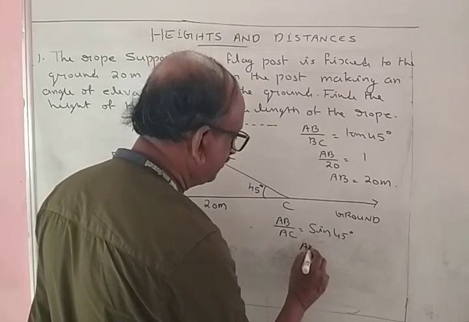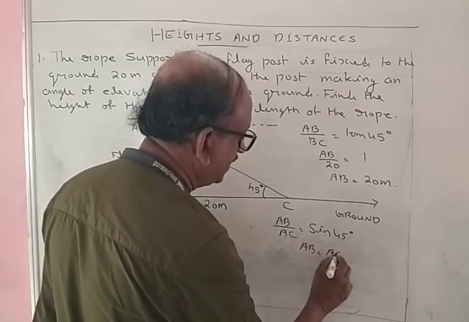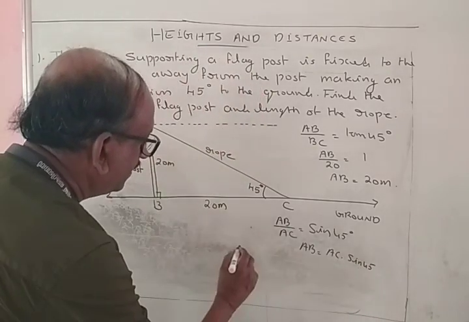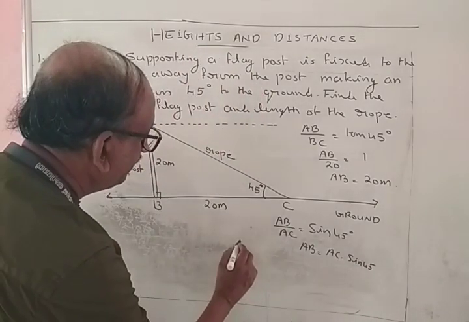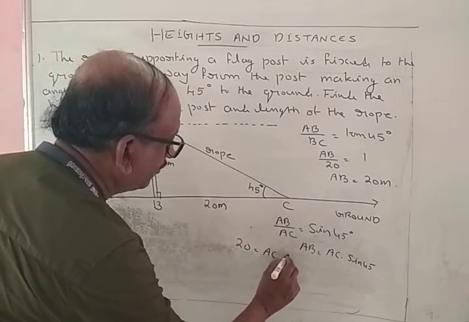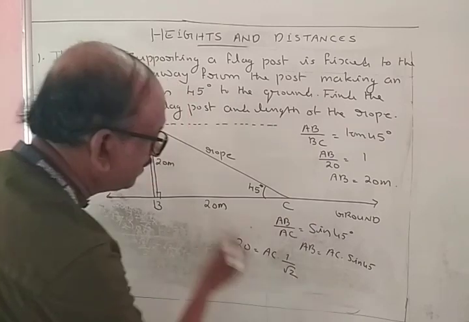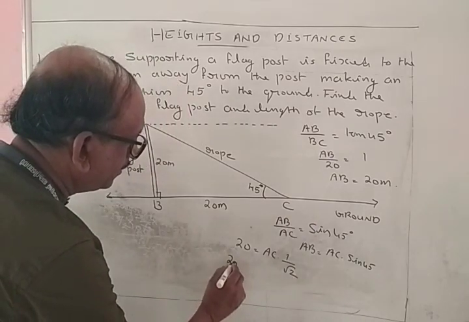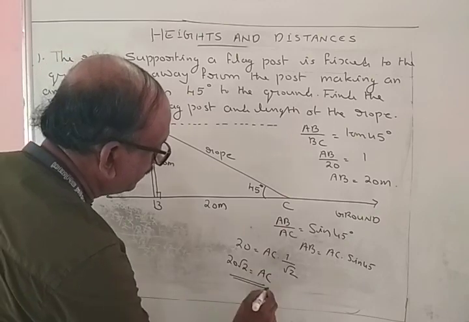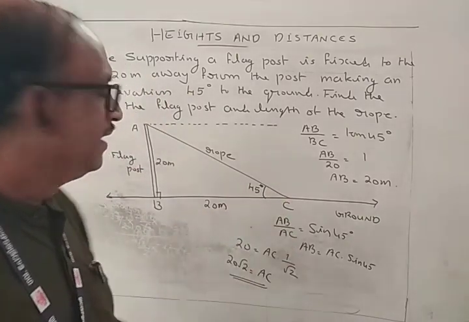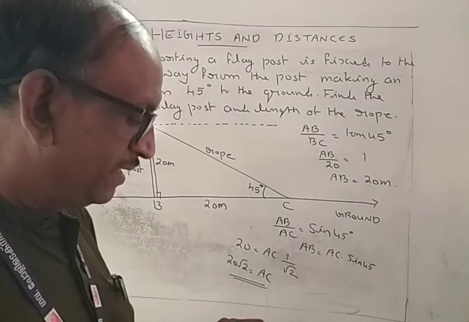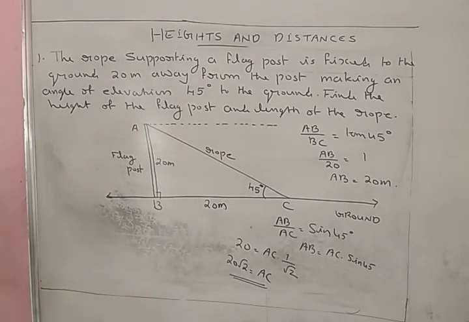AB is equal to AC into sine 45. AB is 20, which is equal to AC into sine 45, which is 1 by root 2. Multiplying by root 2, 20 root 2 is equal to AC. Therefore, AC is the length of the rope and AB is the height of the flag post.